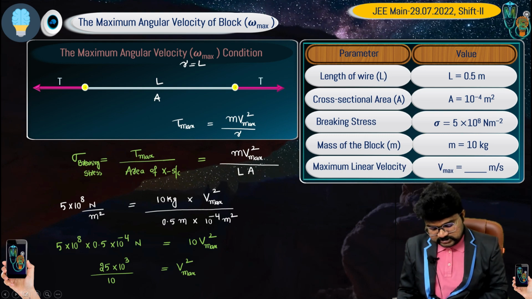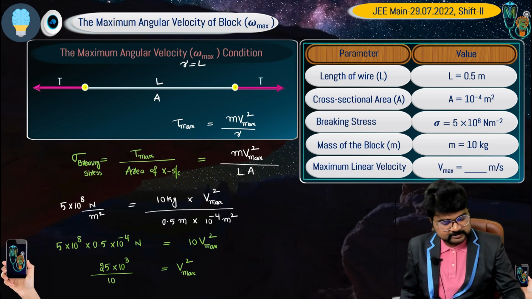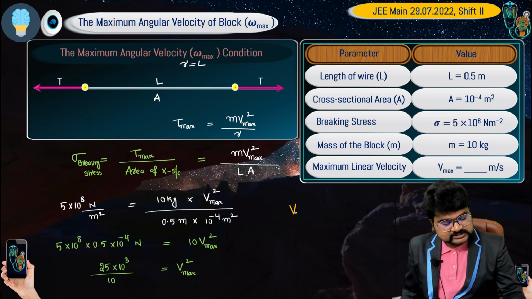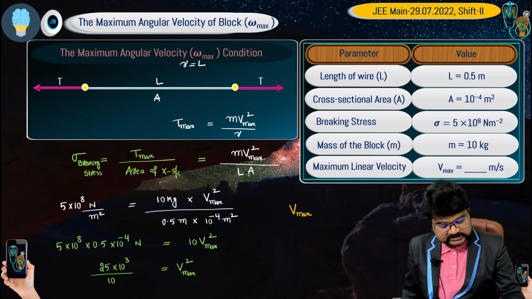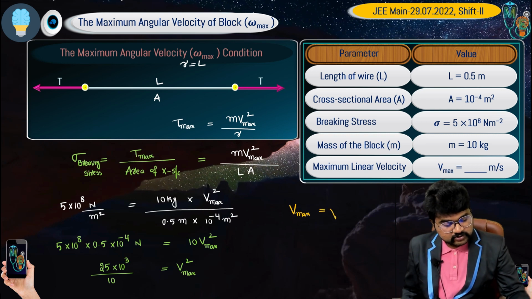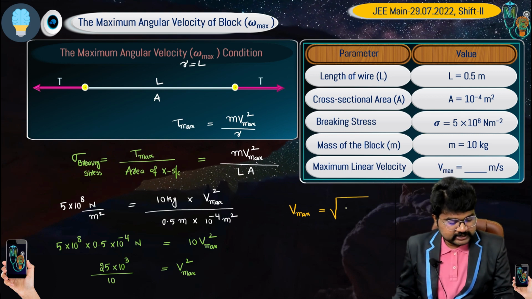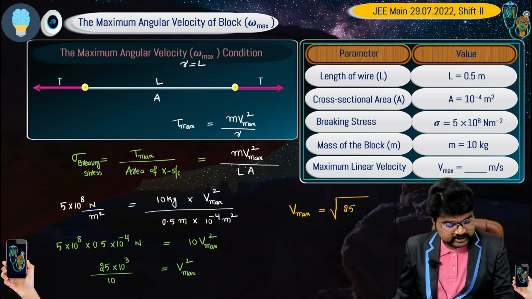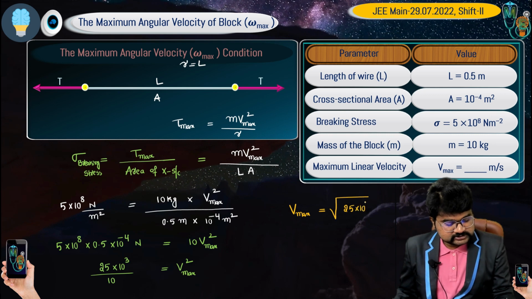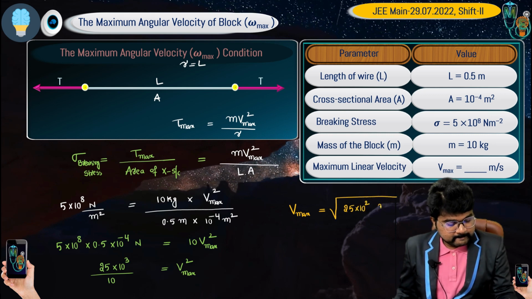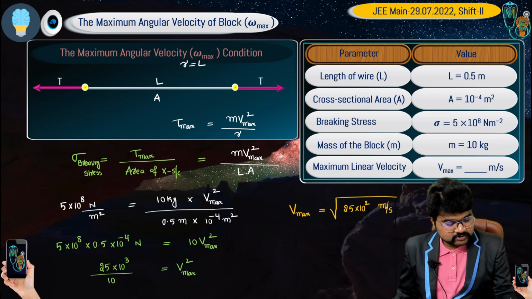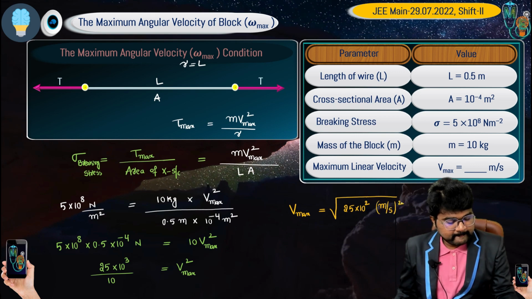V maximum square. Finally, what is V maximum? V maximum equals square root of 25 into 10 square, meter per second whole square.